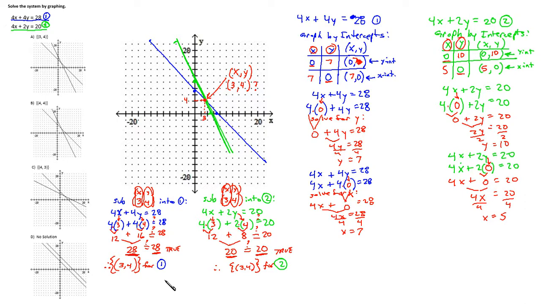So in the big picture, since the ordered pair 3, 4 lies on both lines and makes both equations true, it's a solution for the entire linear system that we were given. And I hope this helped you understand what we're doing here.